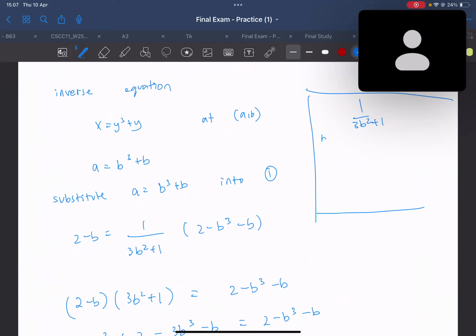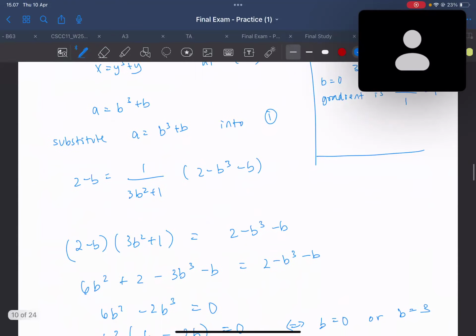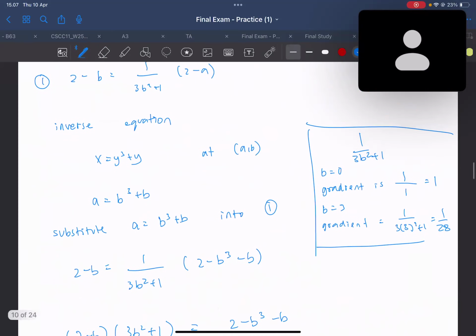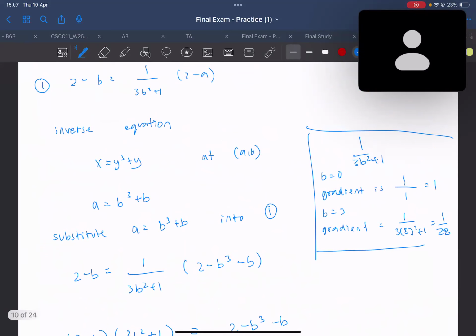If b equals 0, then the gradient is 1 over 1 equals 1. If b equals 3, then the gradient equals 1 over 3 squared plus 1, so it's 1 over 28. So you have two possible values, 1 and 1 over 28. Yeah, so that's it for this question.